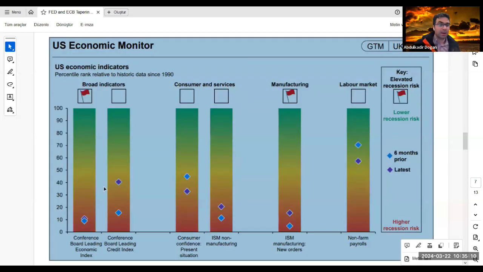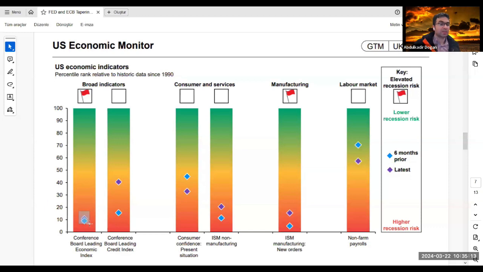And the economy index is almost the same. But look at it here, the leading credit index. For the credit market, today is really better when we compare to the previous 6 months.